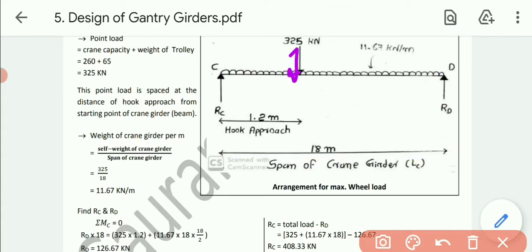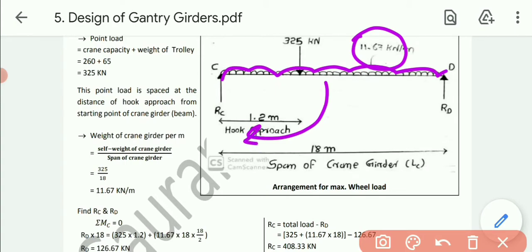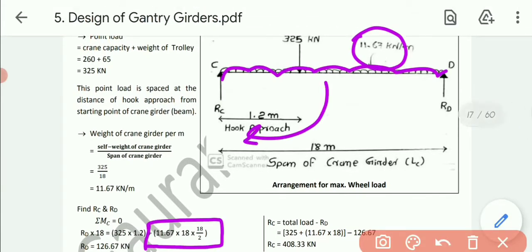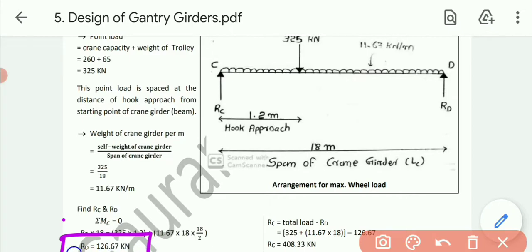Then this point load will be acting downward, clockwise towards C, so 325 into 1.2. And this UDL acts over the entire span, also in the clockwise direction: load into distance into half distance, so 11.67 into 18 into 18 by 2. By simplifying, the answer will be 126.67 kilonewton. That will be my reaction RD.